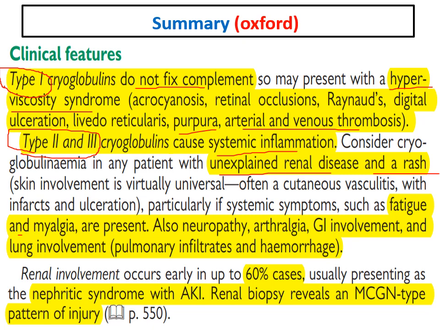Also, there is fatigue, myalgia, neuropathy, arthralgia, GIT involvement, and lung involvement. Renal involvement is usually present in around 60% of cases. Usually, renal biopsy shows an MPGN pattern with intraluminal thrombi and an increased number of macrophages. The main presentation is nephritic syndrome and AKI.